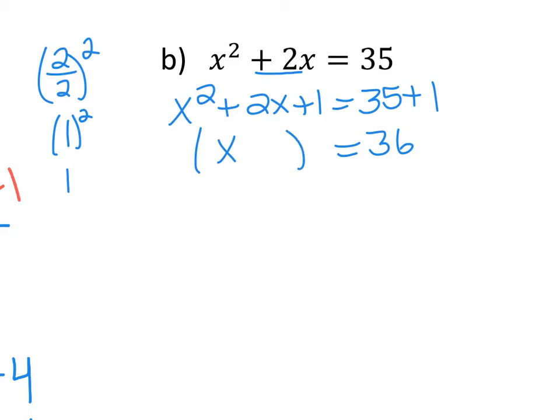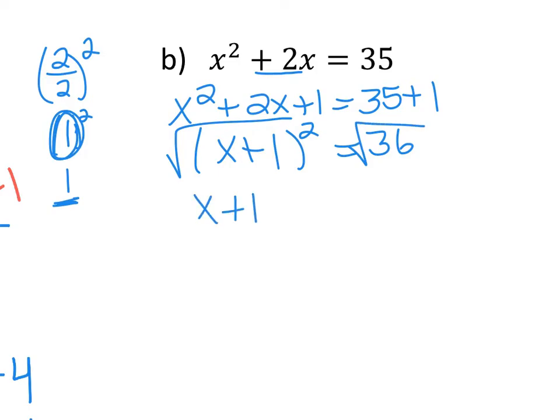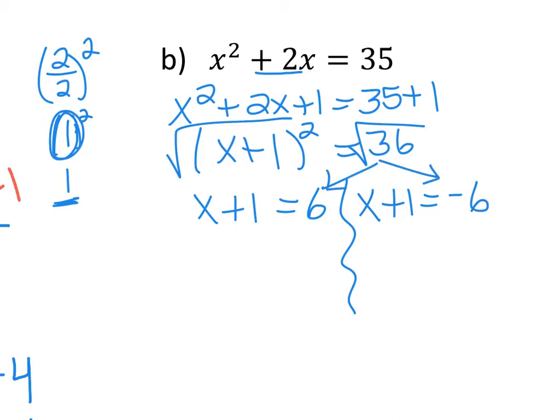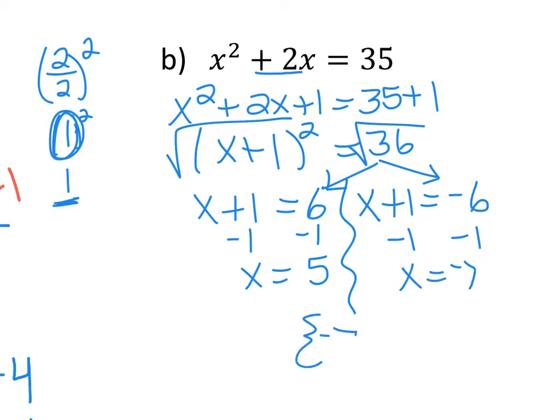This now breaks into (x plus 1) squared. Square root, and I get x plus 1 equals positive 6, and x plus 1 equals negative 6, because the square root of 36 could be both positive and negative 6. Solve both equations, and we get negative 7 and 5 as the roots.